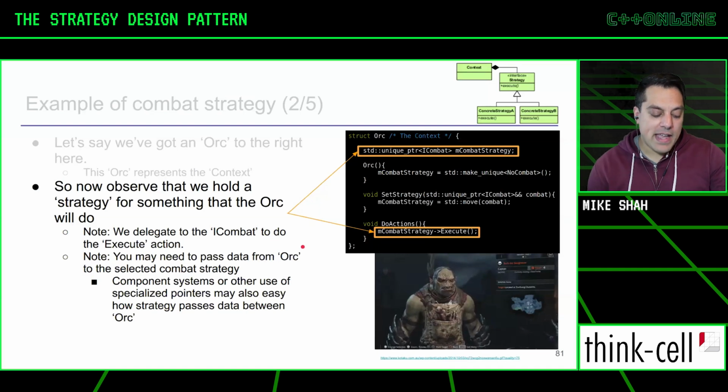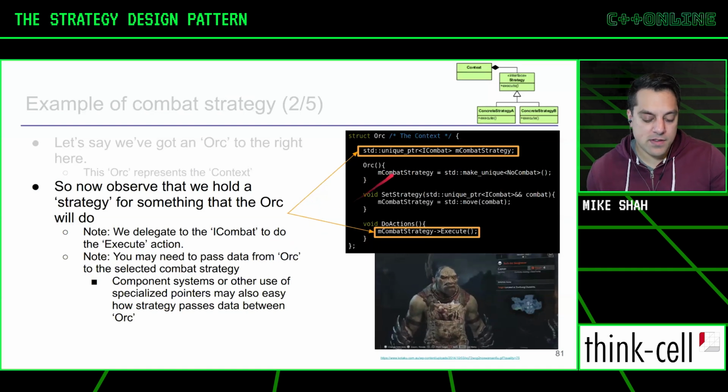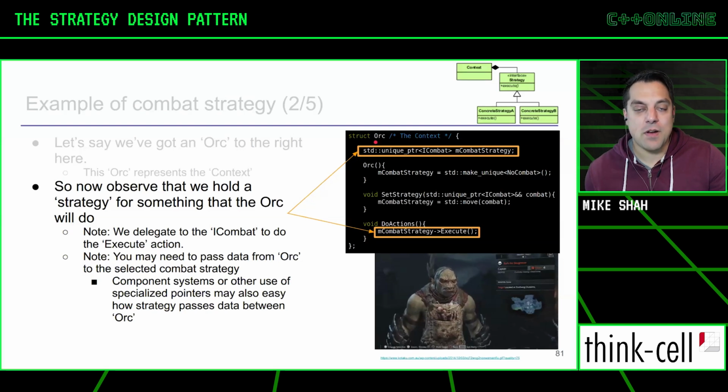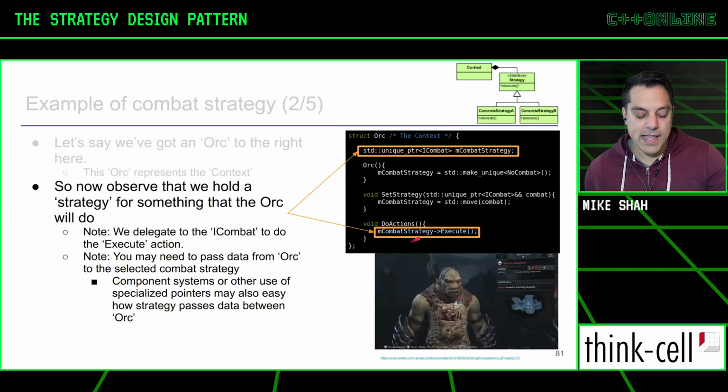That's basically all there is to it. Now, we might have to think about some things, for instance, how this strategy communicates if there are attributes in this orc, for instance, if it has health or a power or a name, or something that it shouts before it does combat, how it communicates with this execute, this actual object here. So we could think about passing in some arguments or populating this strategy.